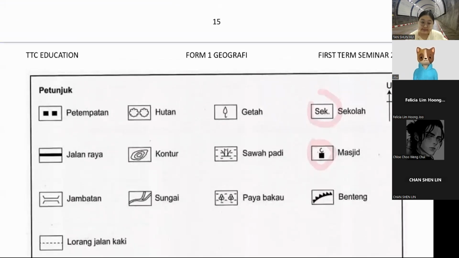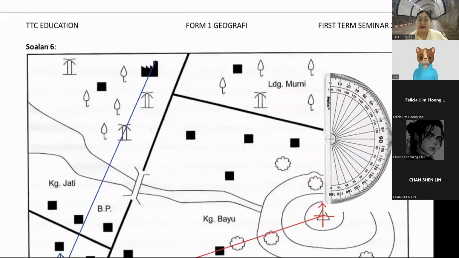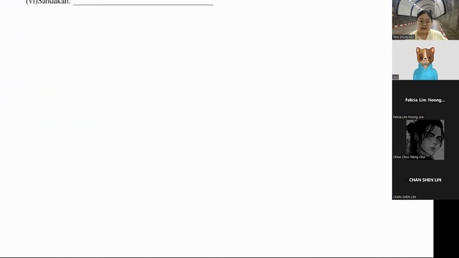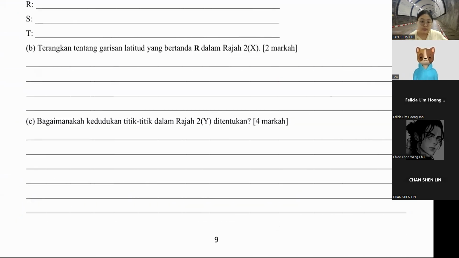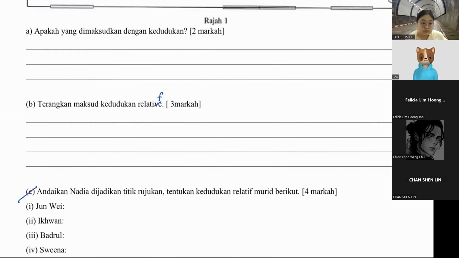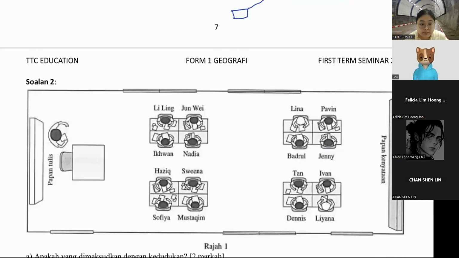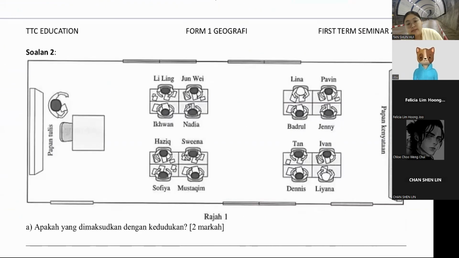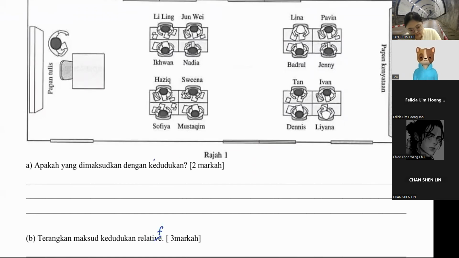All right, second chapter. So let's go back to page 8. Page 8 talks about what? Kedudukan. Chapter 2 is about kedudukan. What is kedudukan? Location. How are you going to explain location in bahasa?